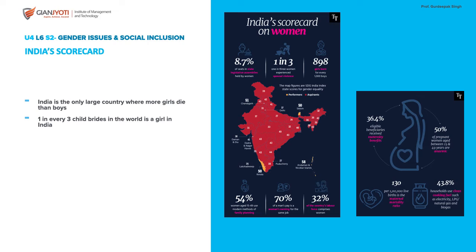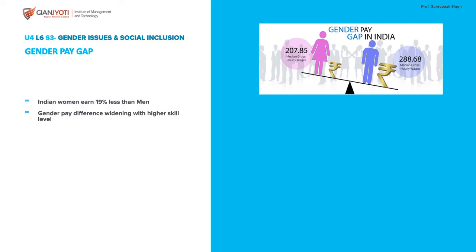And there is a maternal mortality rate of 130 per 1 lakh births in our country, which is very high. Very surprising and disappointing stat is only 43.8% of households have access to clean cooking fuel. So in terms of the gender inequality, India has to work very hard.